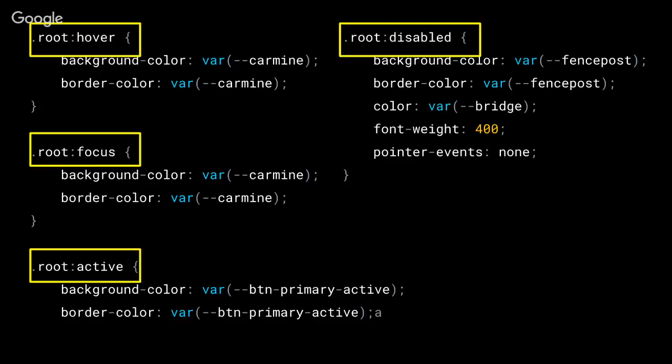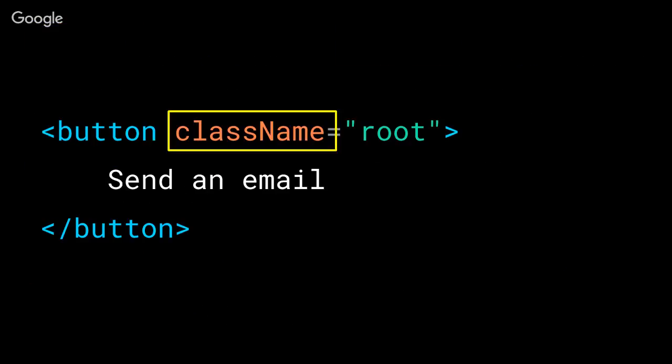As you can see, we have set focus styles. Very important. This is how your button syntax will look like in JSX. That is the only difference. Instead of class, which is a reserved word in React, you are using className.